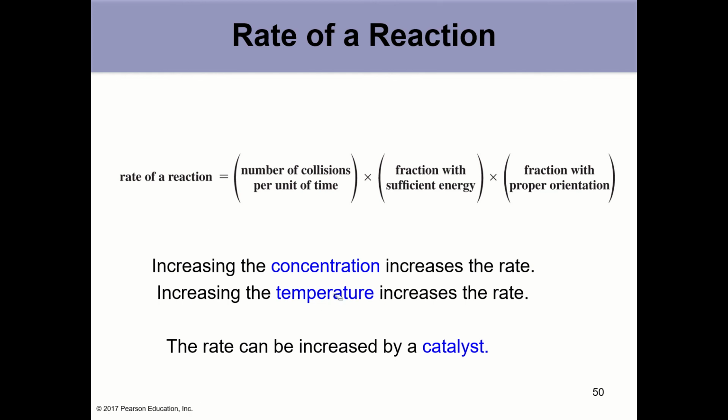The reason is that the number of collisions per unit time will increase. If the number of collisions per unit time increases, then so will the fraction of collisions with proper orientation, and so will the fraction with sufficient energy, because the more collisions you have, the more of those collisions have sufficient energy, and also the more have proper orientation.